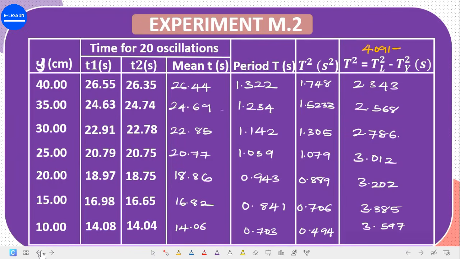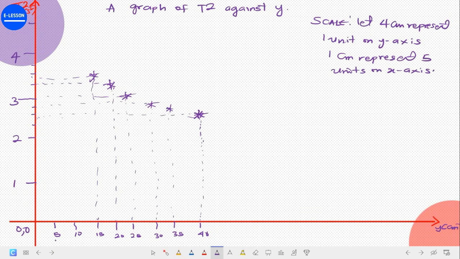There we have 10 and 3.6. 10 and 3.6, which is from here. 3.6 should be somewhere around there. Maybe it's not too upward. 3.6 should be somewhere around there, so we mark it. Okay, so this is how our graph is going to look like.